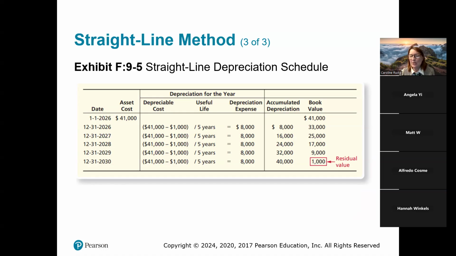That's the amount that truck was worth, so you have nothing left value-wise on that truck, except for that $1,000 in residual value that is left over when we sell the vehicle.